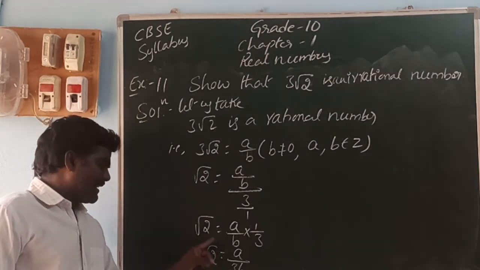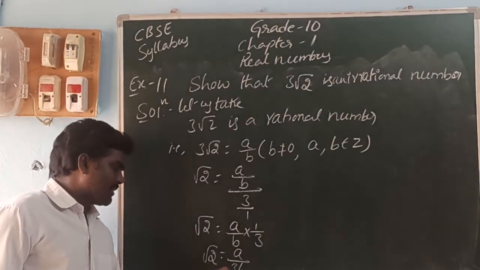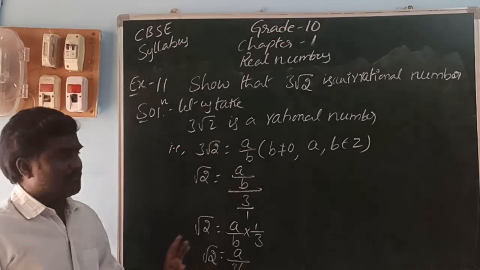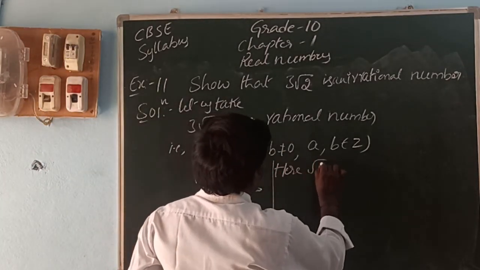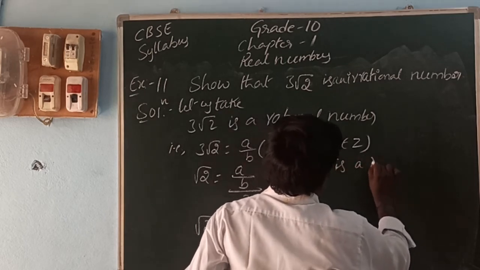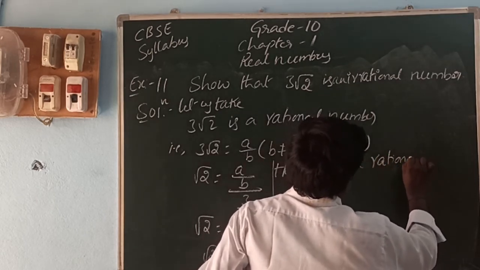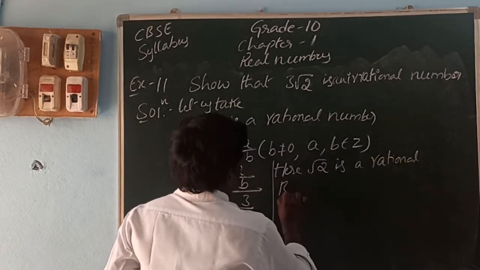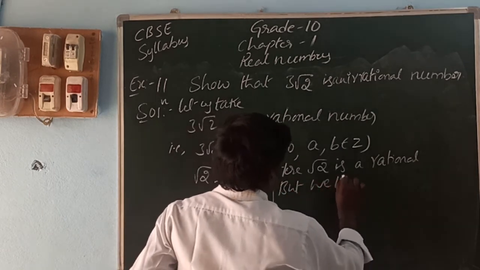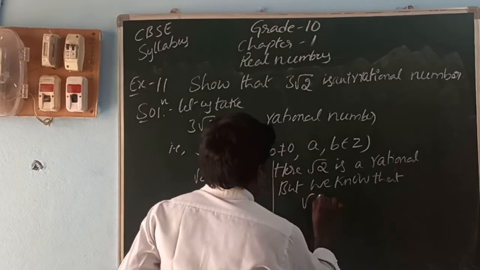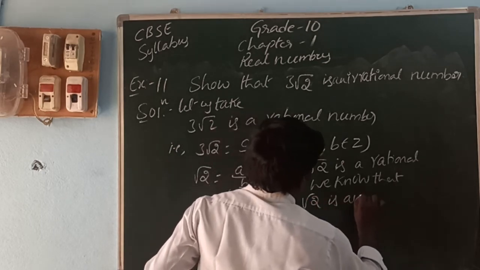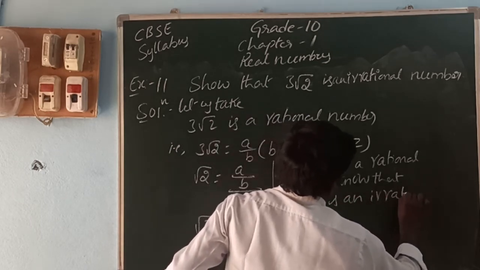So in LHS it is an irrational number. In RHS it is a rational number. So therefore here root 2 is a rational number, but we know that root 2 is an irrational number.